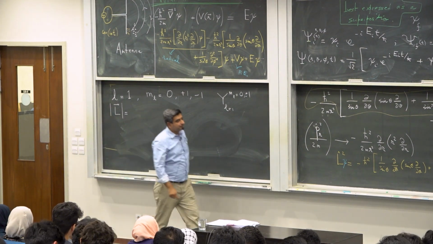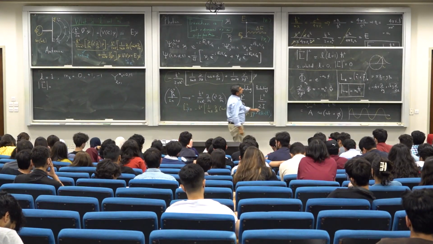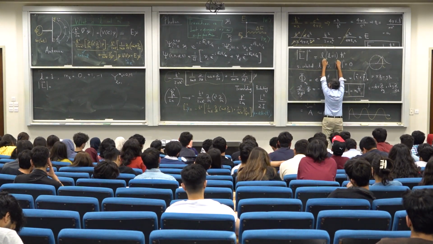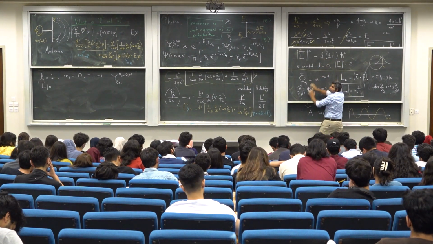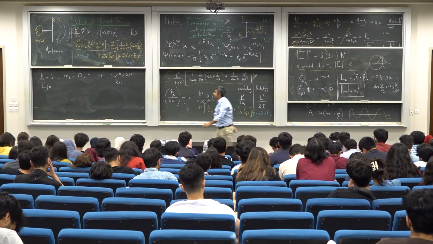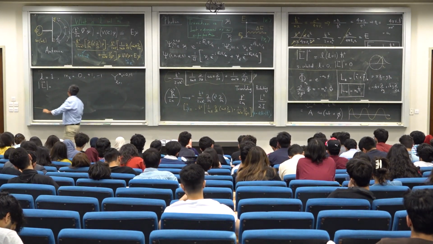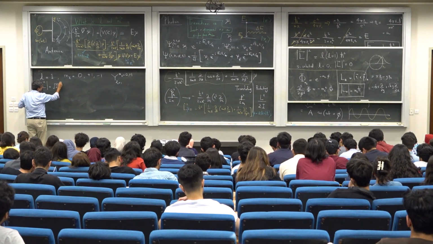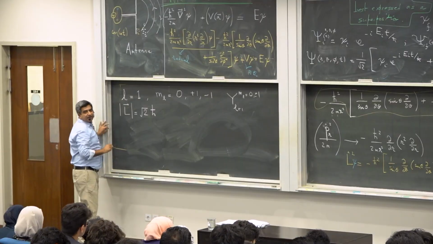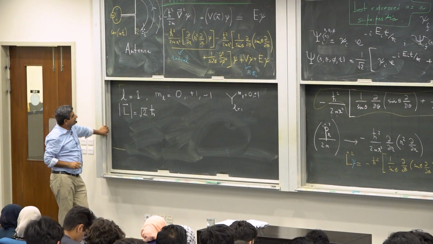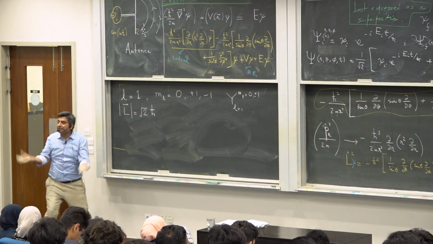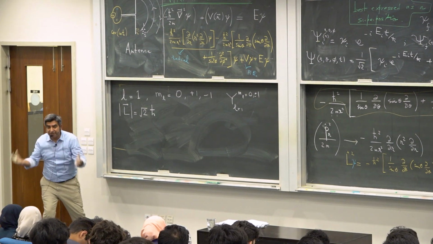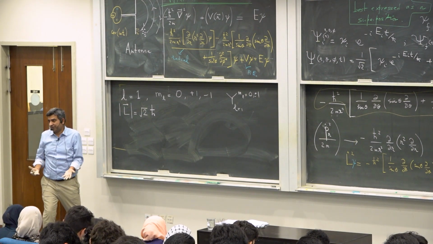The magnitude comes from here, all right? So this magnitude is under root 2 h bar. I've taken the square root of that thing. So this is the length of the orbital angular momentum, the magnitude of the angular momentum in joule seconds.